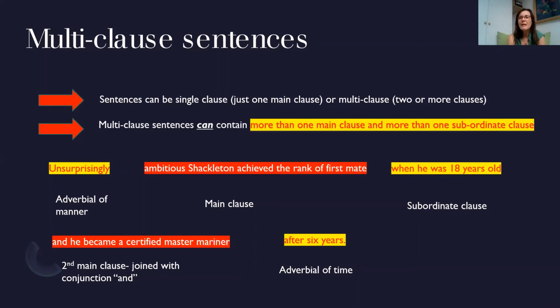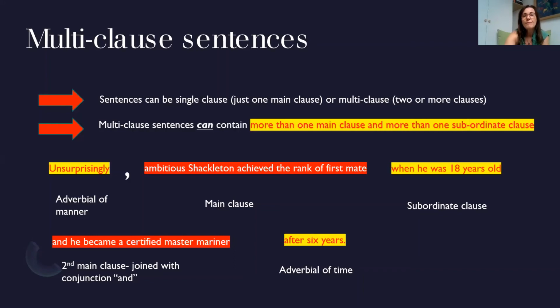You can include too many clauses or adverbials within a sentence, and then you start to lose the sense of the meaning. So keep rereading your sentence and check that it still makes sense. Sometimes it's a good idea to use a full stop and then start another sentence. It's not always appropriate to write everything in one sentence. And don't forget, you need to punctuate your sentence correctly.